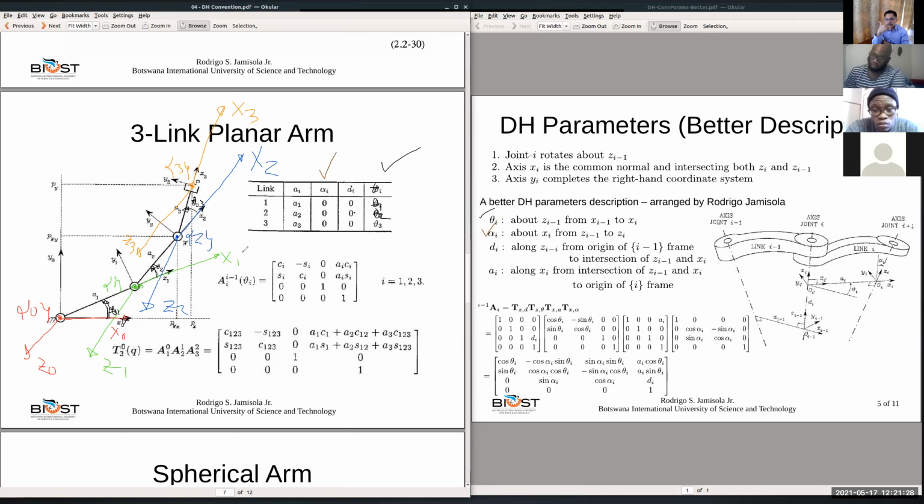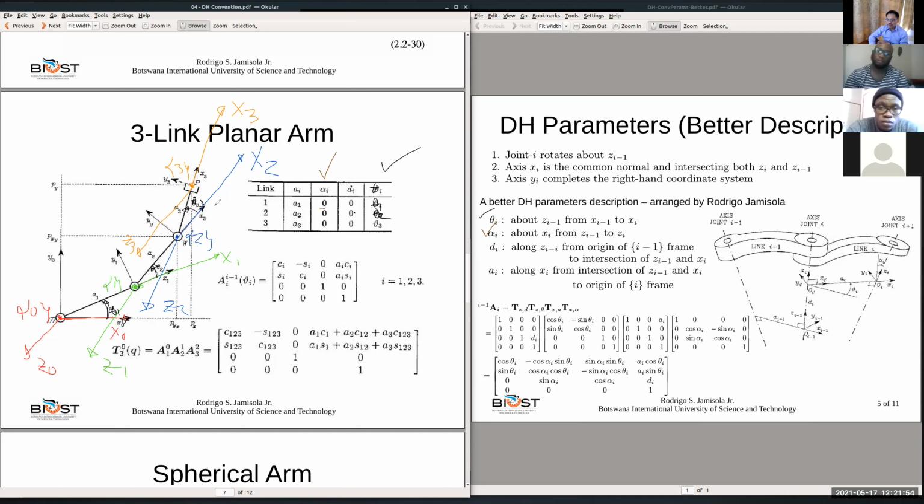So no rotation, that's 0. They are parallel. Now let's move to alpha 2. Again, rotate about x2.